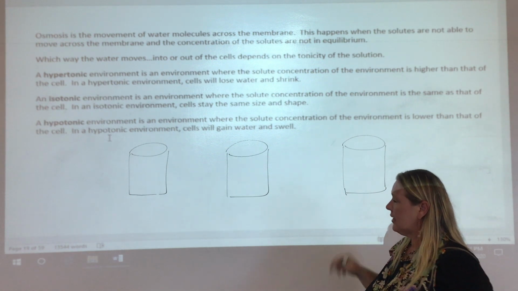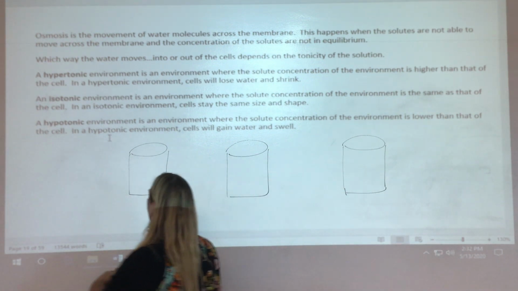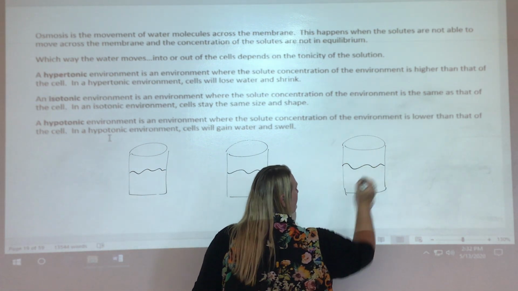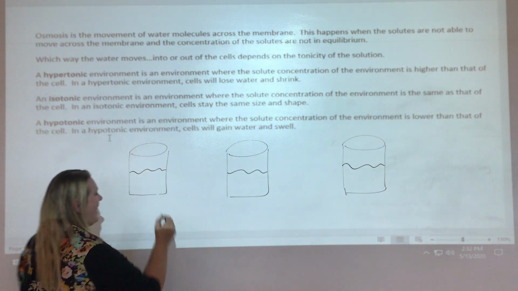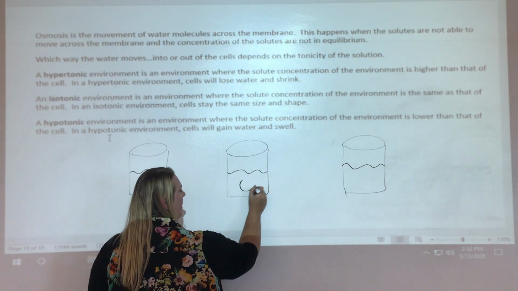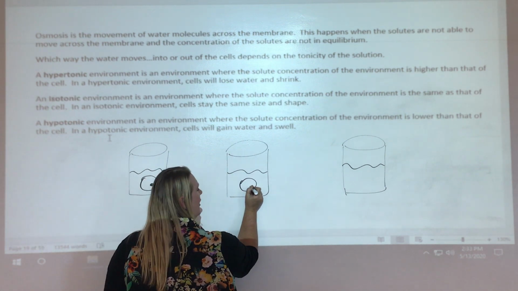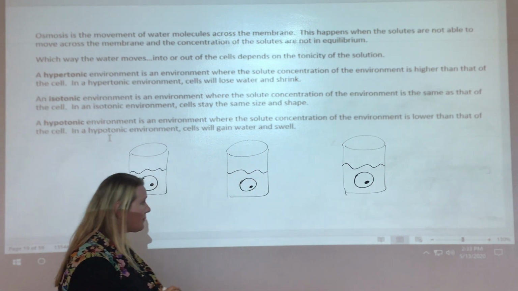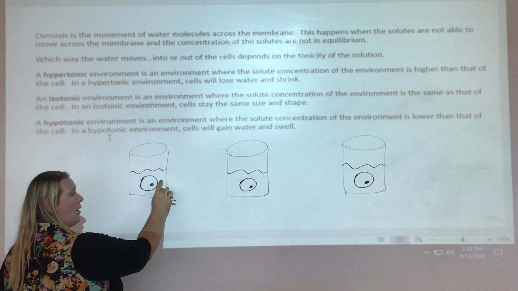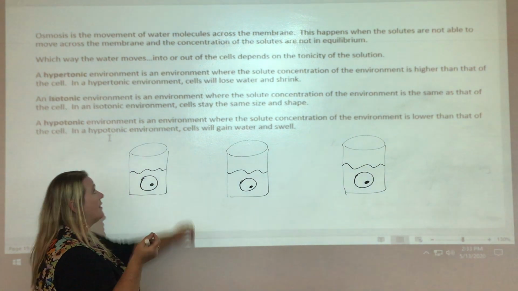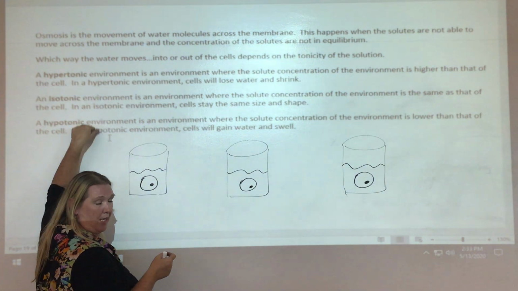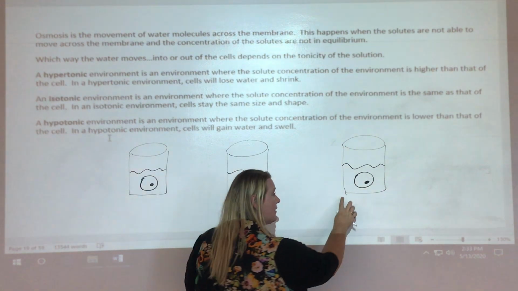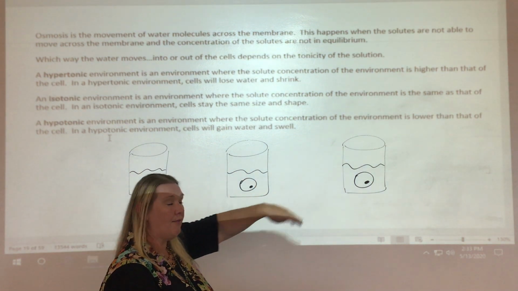So if I have a beaker, and I have a liquid inside of there, I have liquid in each one of them, and I have a cell in there. Eukaryotic cell with a nucleus, membrane-bound nucleus. So I have 3 beakers with a liquid, and that's the one that we're going to be focusing on for hypertonic, hypotonic, and isotonic. And I'm going to describe how osmosis works and how it can affect that cell in that environment.